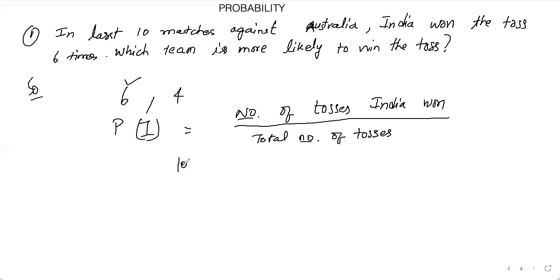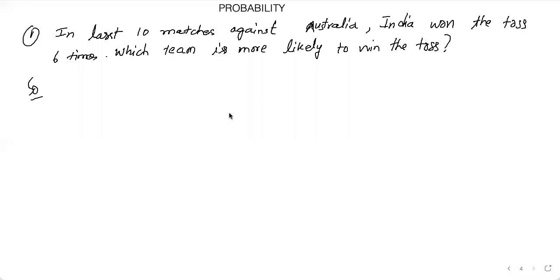P of I will be 6 by 10, which results to 0.6. So the probability of India winning the toss is 0.6. Now let us assume the event of Australia winning a toss.